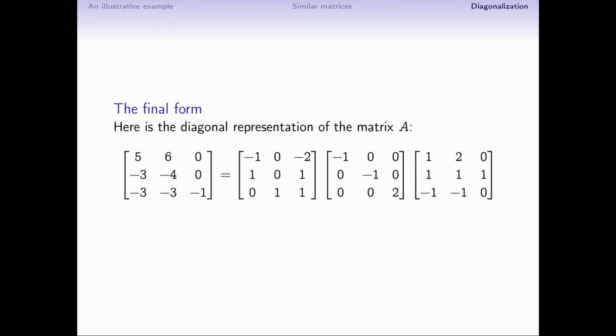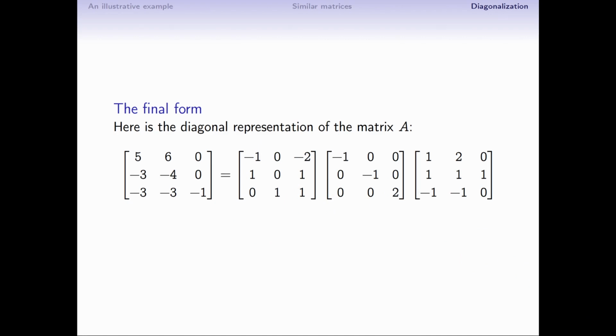Now here's the diagonal representation of the matrix A. On the right here we can see the product of P, D, and P inverse. The matrix P, of course, consists of the 3 eigenvectors of the matrix A, and the matrix D consists of the corresponding eigenvalues of the matrix A.